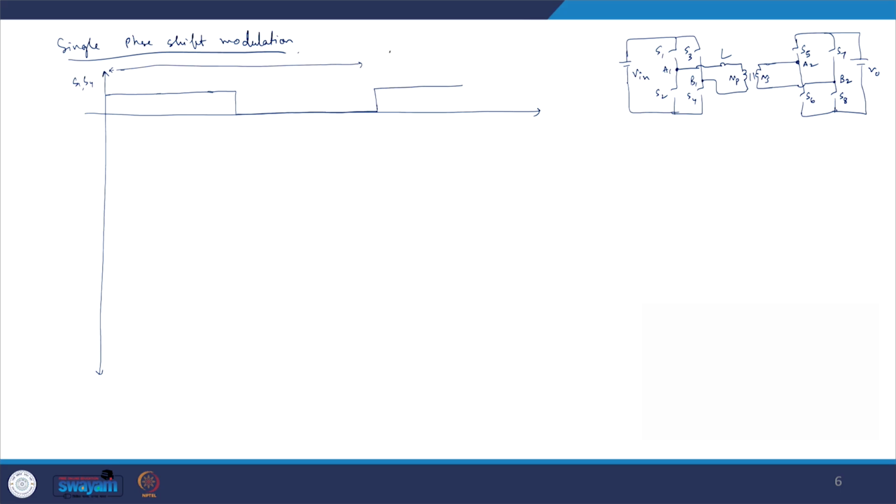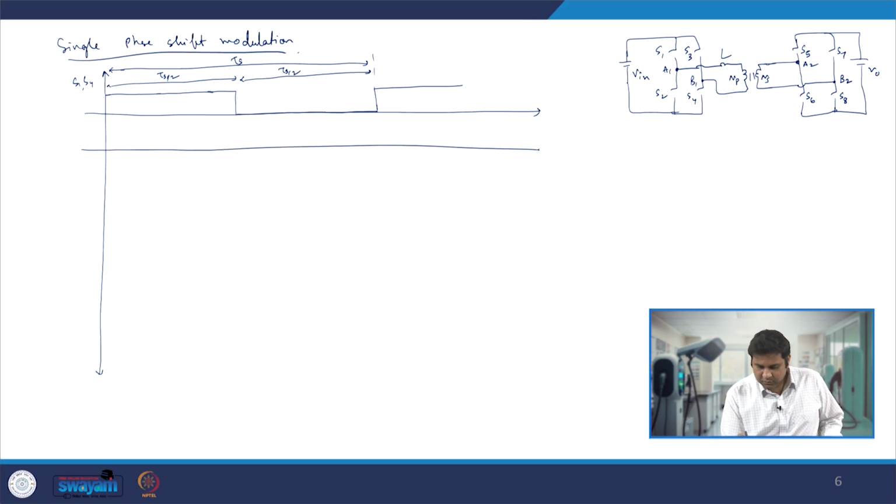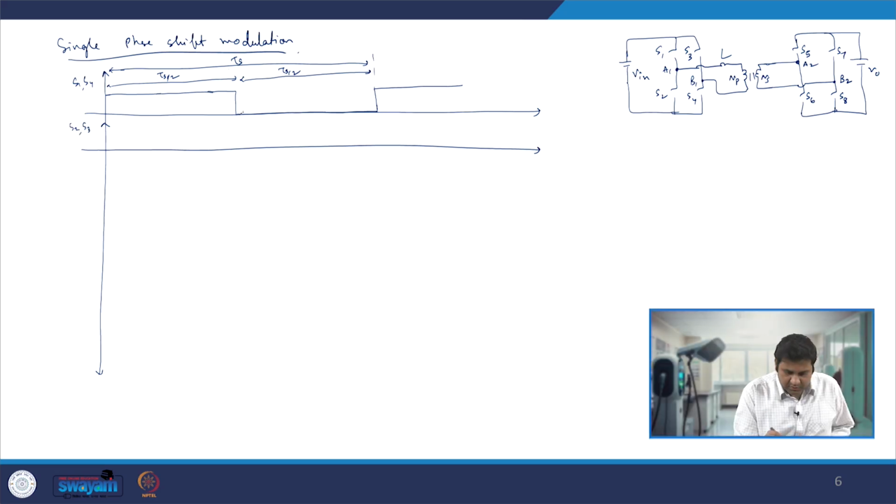Up till this point is Ts duration, and from here to here it is Ts by 2. Now the other switches: S1 and S4 are on, and immediately after that my S2 and S3 are on.